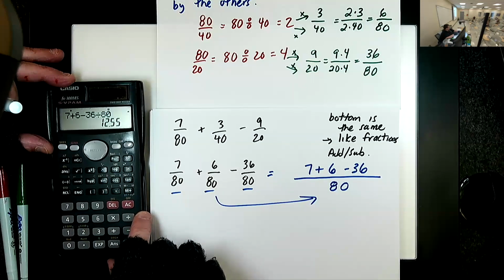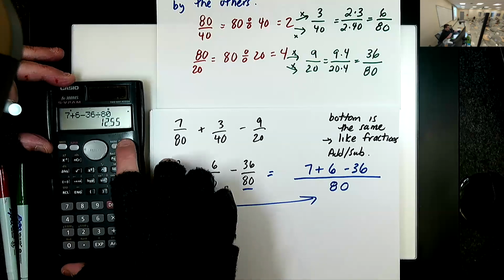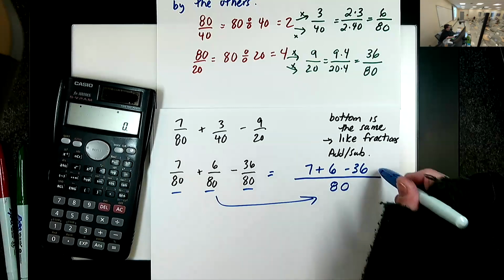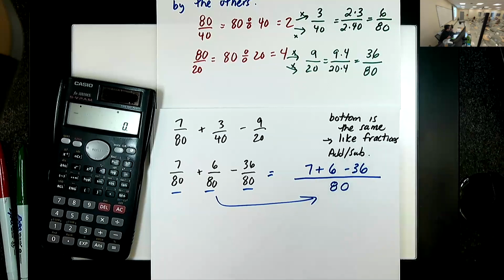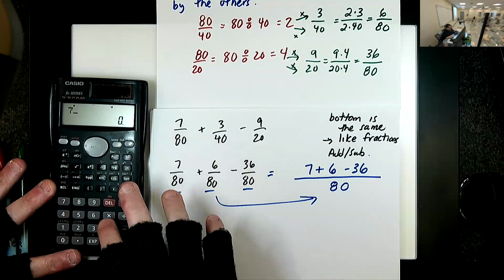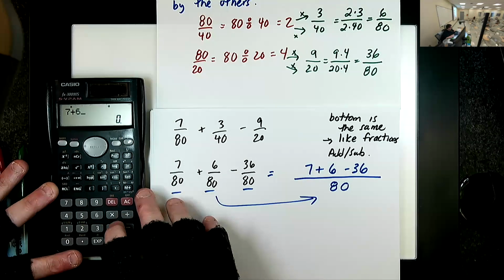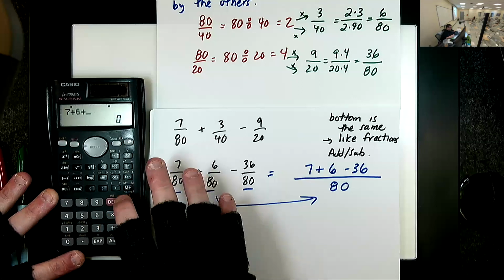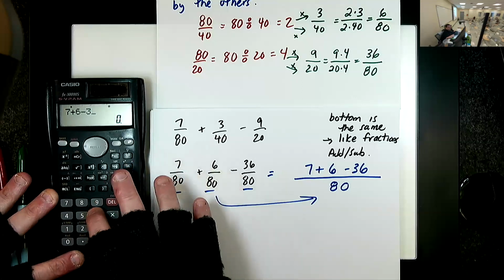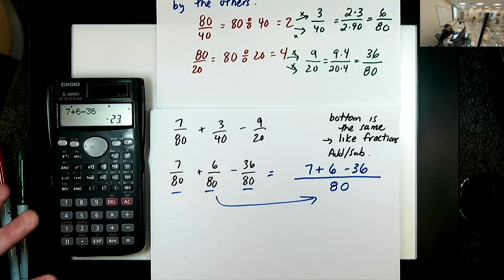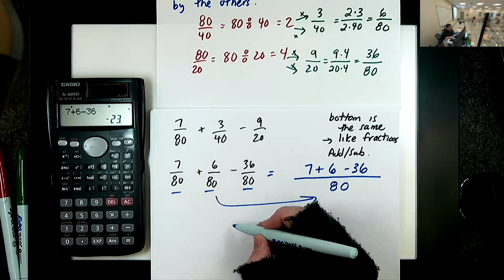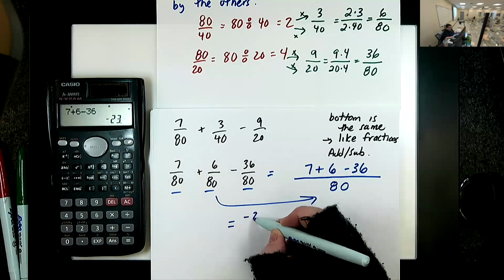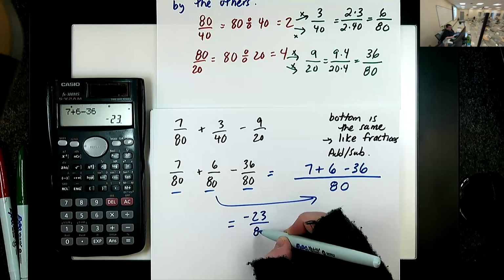That is not the right answer. So you always want to do the work on top first, get the numbers that are added or subtracted together. So what is 7 plus 6 minus 36? That is negative 23. This turns into negative 23 over 80.